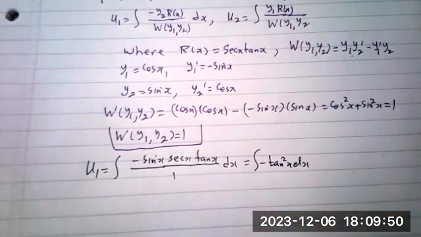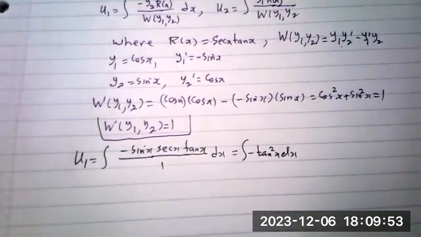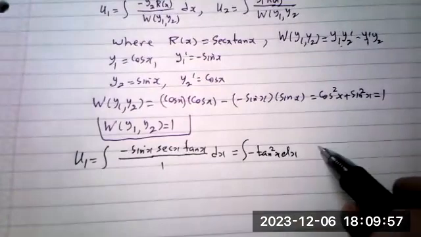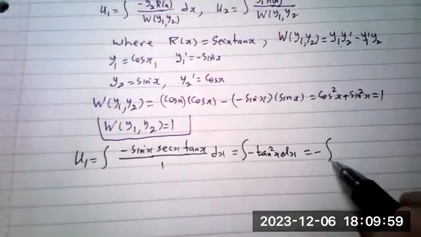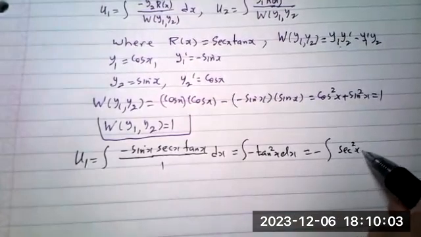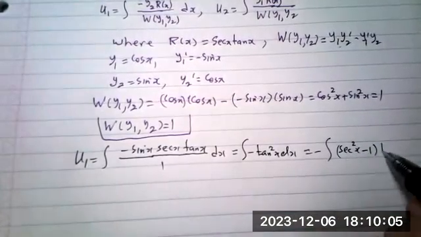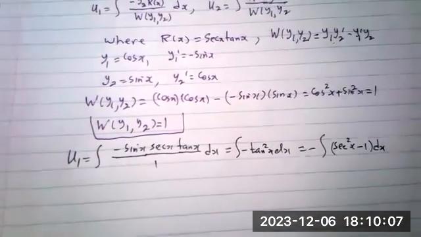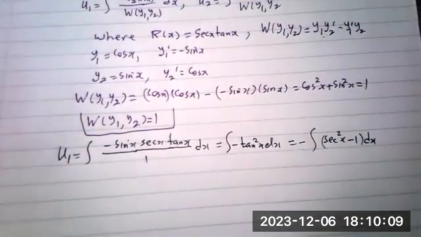To take the integral of tangent squared, you change it to secant, and then you're done. So it is going to be negative, secant squared x minus 1 dx. The integral of secant squared is tangent, and the integral of 1 is x.